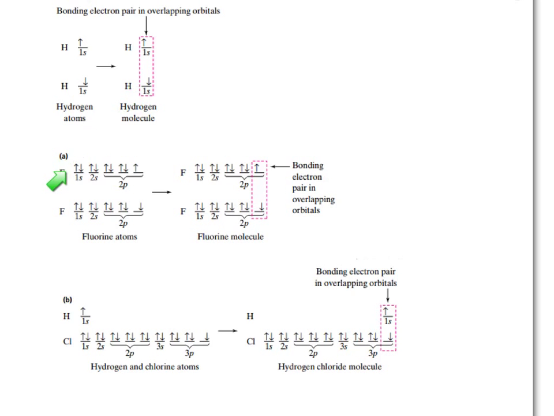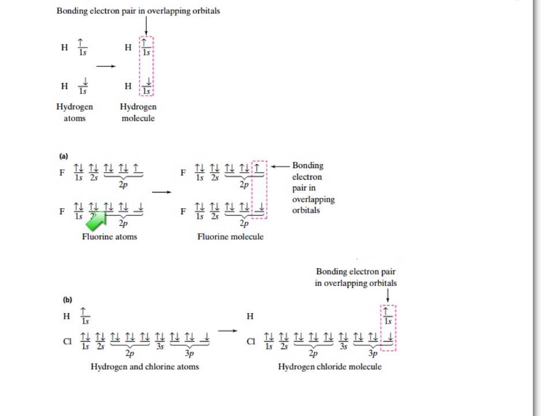Okay, down here we get into the larger molecules. Now don't forget, even though this is 1s, we don't have to worry about that. It's not in the valence shell. It's not in that outer electron shell. We're just looking for the highest energy level, which is 2. And in 2s and in 2p, we have 2, 4, 6, 7 total, which we know fluorine is in the 17th group, so it has 7 total, but this is just drawing it out for you.